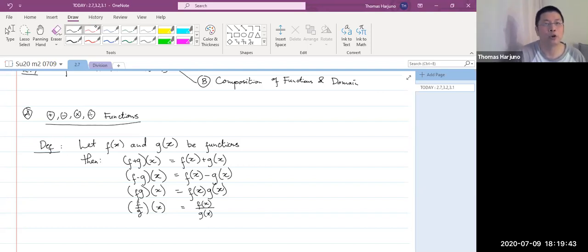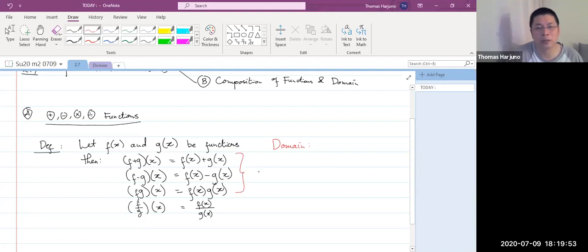Okay, now the domain for the sum, difference, and product is the domain of f, let me use this notation, intersect the domain of g.